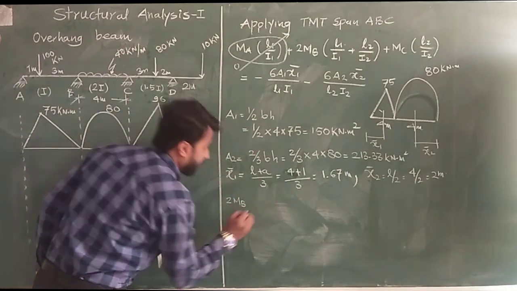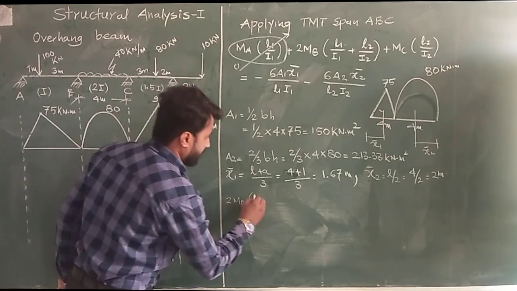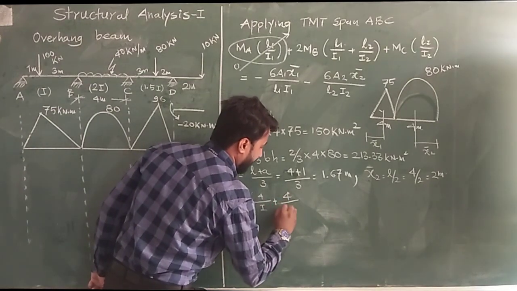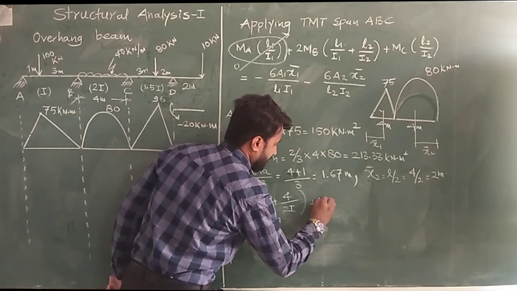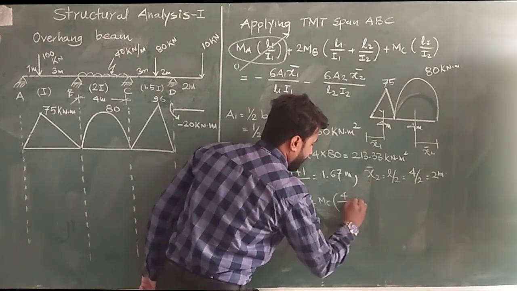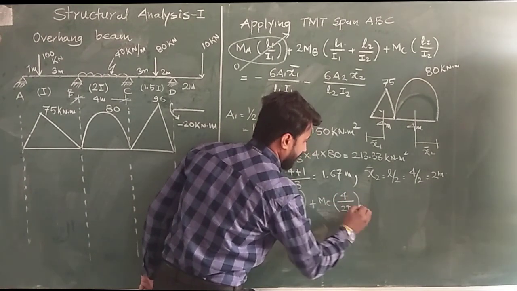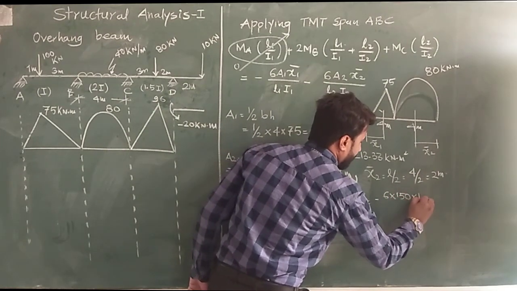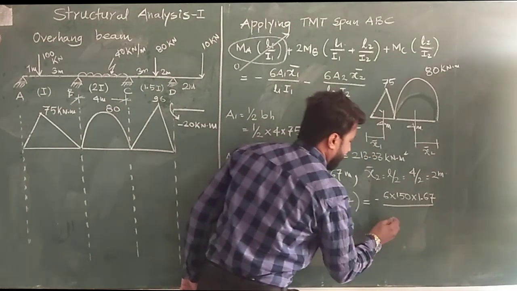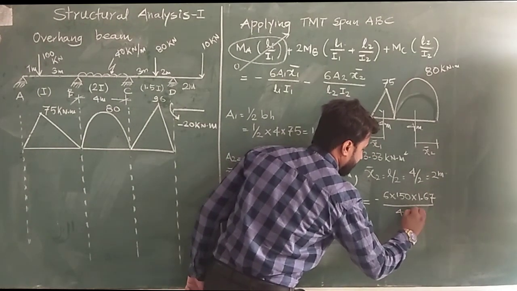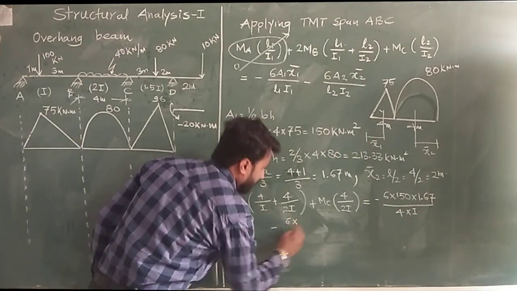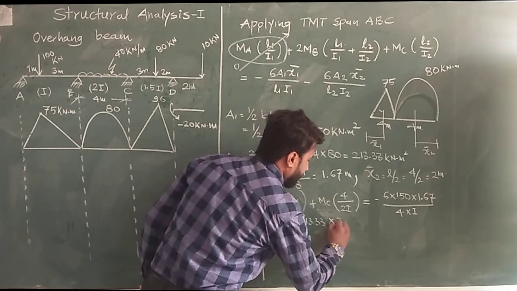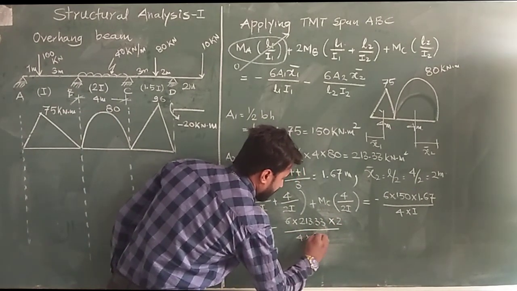This is 2 MB into L1 is 4 divided by I1 is I, plus L2 is 4 divided by 2I, plus MC into L2 is 4 divided by I2 is 2I, is equal to minus 6 into A1 is 150 into x1 bar 1.67 divided by L1 is 4 and I1 is I, minus 6 into A2 is 213.33 into x2 is 2 meter divided by 4 into 2I.